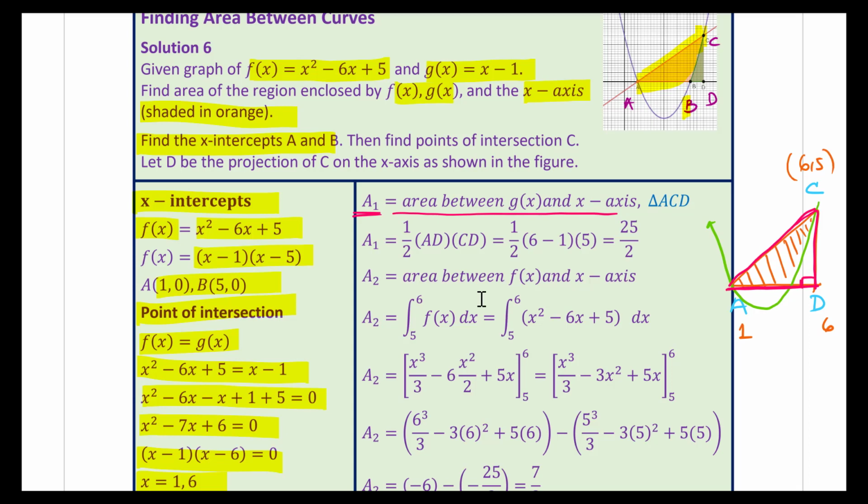So this is the right triangle, where we know that the base and the height is given by the y value, and the base as the difference between 6 and 1, which is also 5. So we have this area now. So area of the triangle A1 is half base AD times height CD. That gives us half of 6 minus 1 times 5, which is 25 over 2.